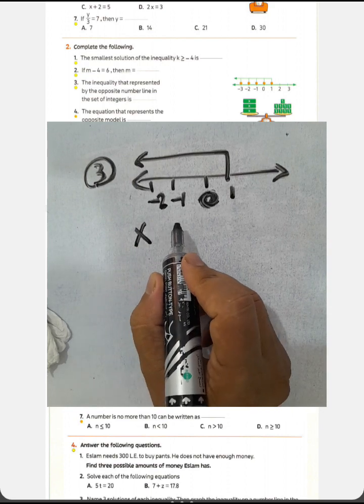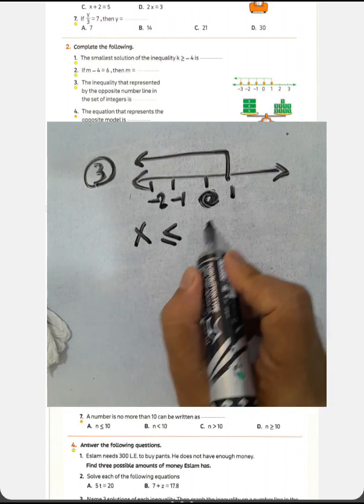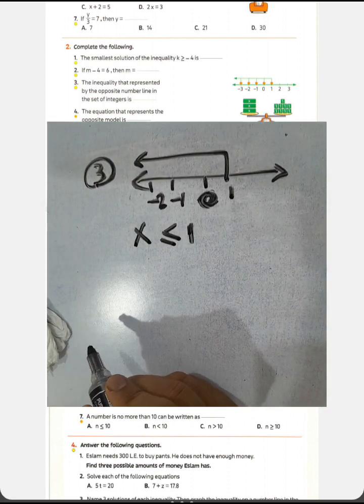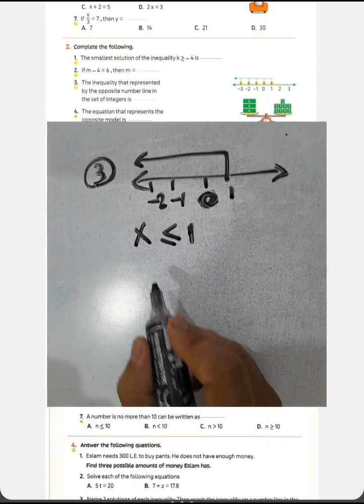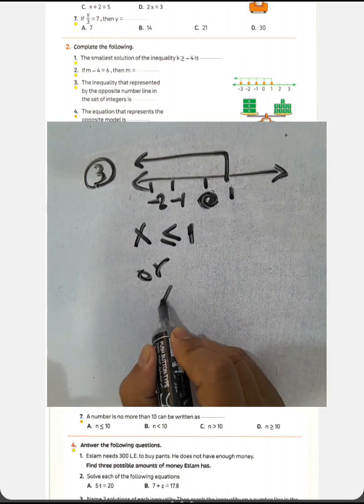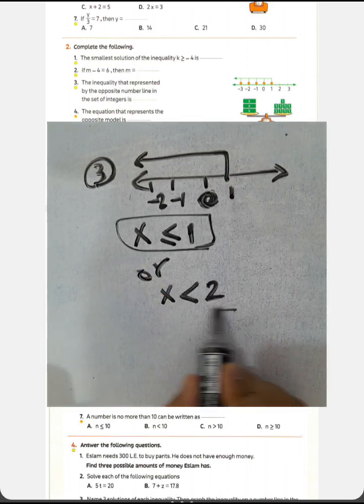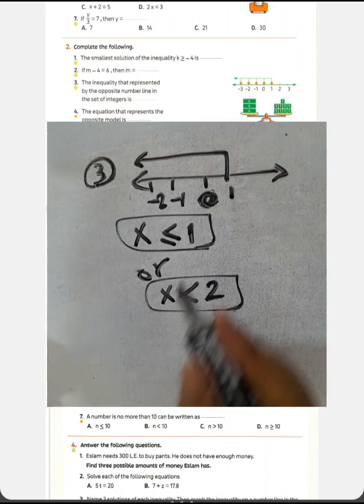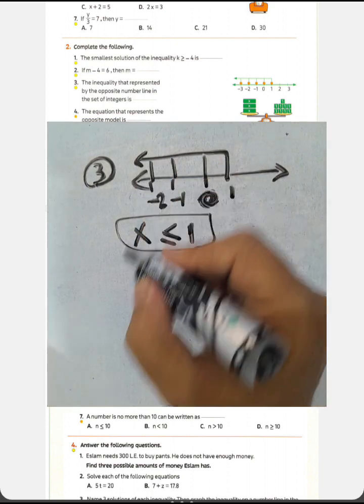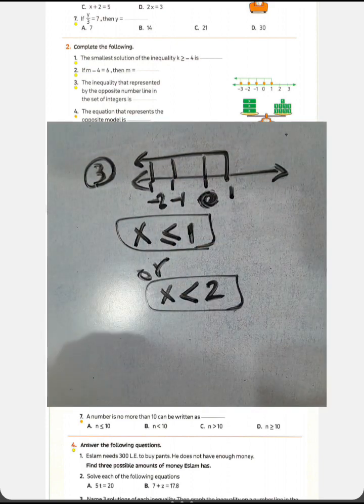Then x will be less than or equal to 1. You can write this inequality, or you can write x less than 2. You can write x less than or equal to 1 or x less than 2. It refers to the inequality of the number line here.